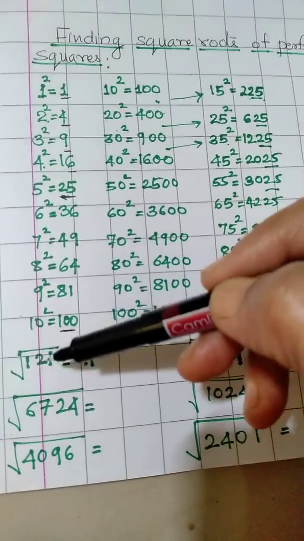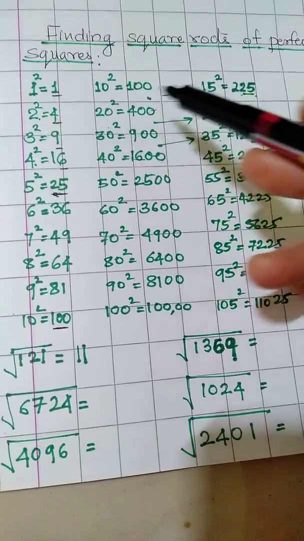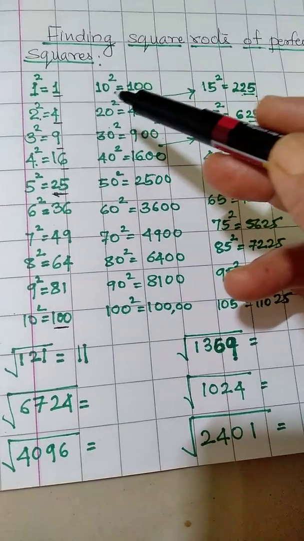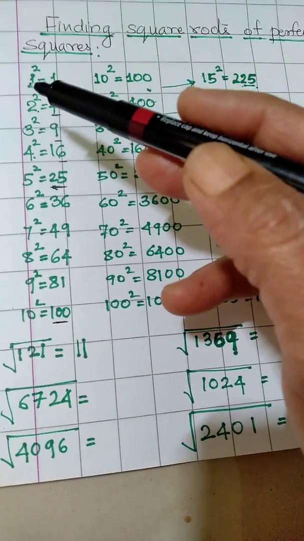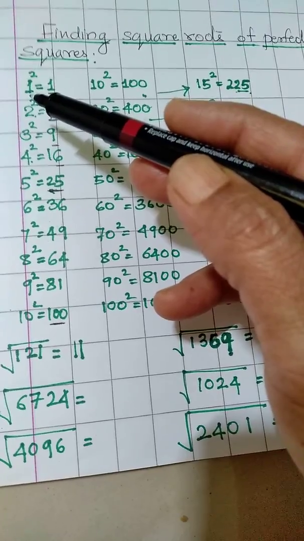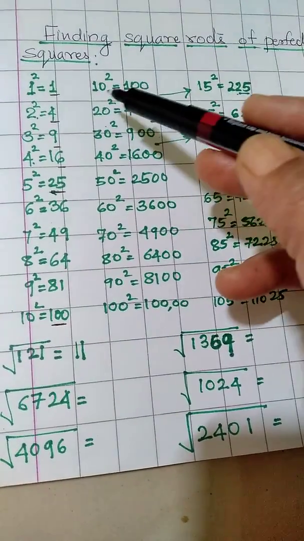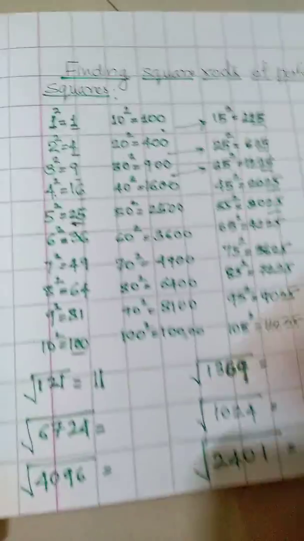Our number is smaller than 225. So our square root has to be between 10 and 15. And since 1 is in its units place, the square root also should have 1 in its units place. So between 10 and 15, we have 11. The square root of 121 is 11.